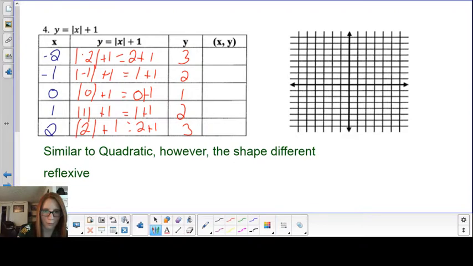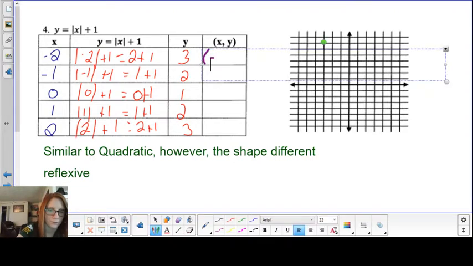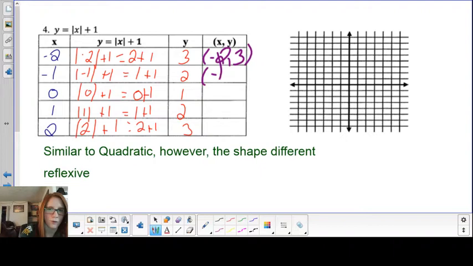So let's go ahead and take our points. We have -2, 3. We have -1, 2. We have 0, 1. We have 1, 2.